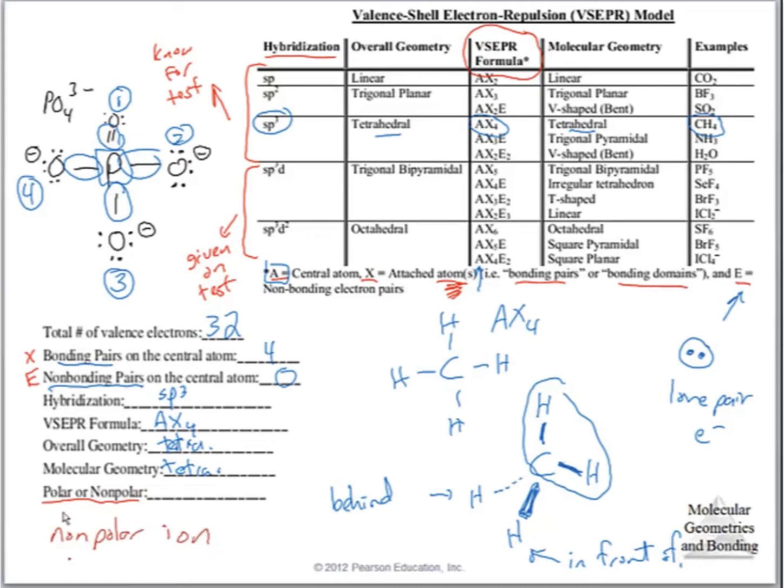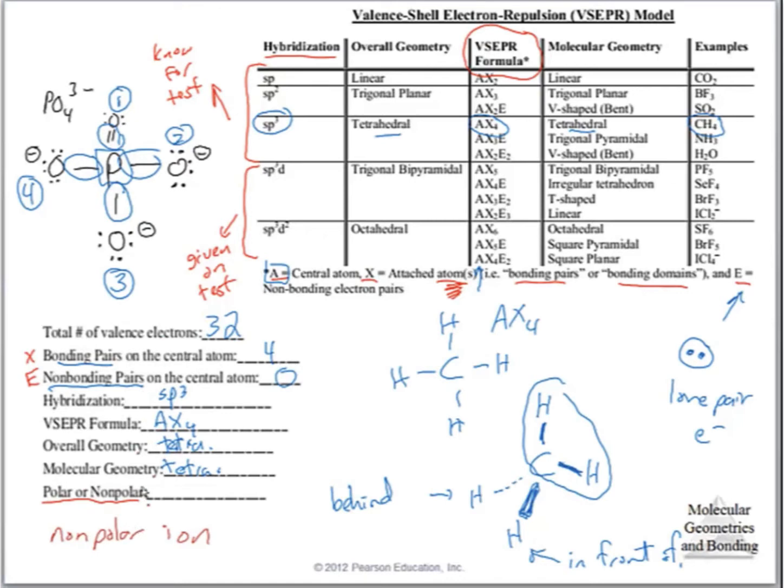Nonpolar is really just telling us whether it is a symmetrical or asymmetrical shift in electron density. We're not necessarily saying whether it's a charge or not. So you can have nonpolar ions and nonpolar molecules in the context of how we're approaching this particular topic.